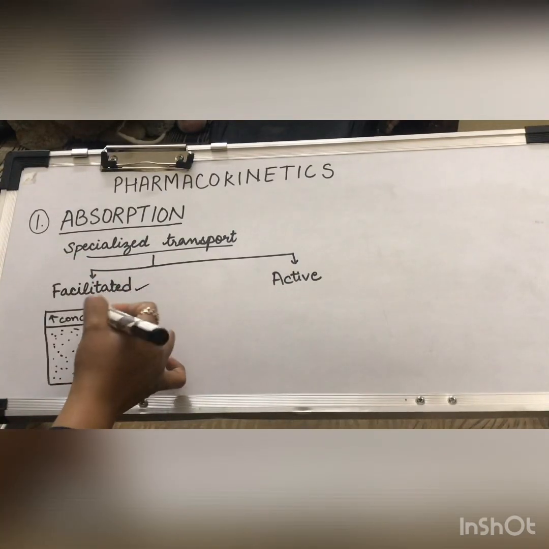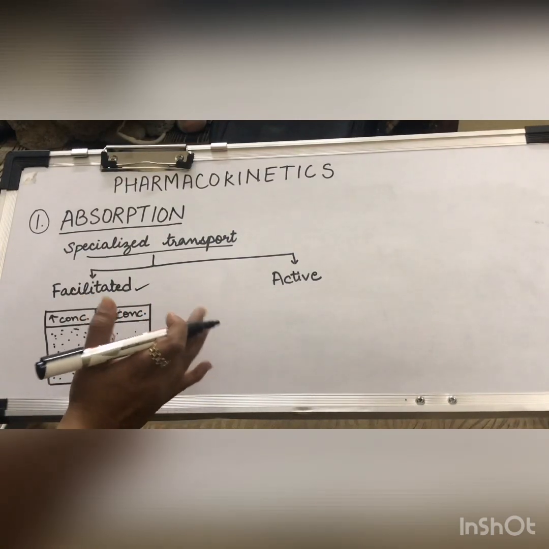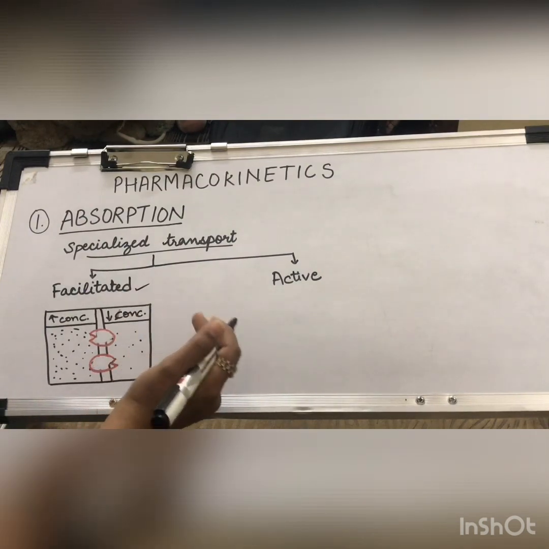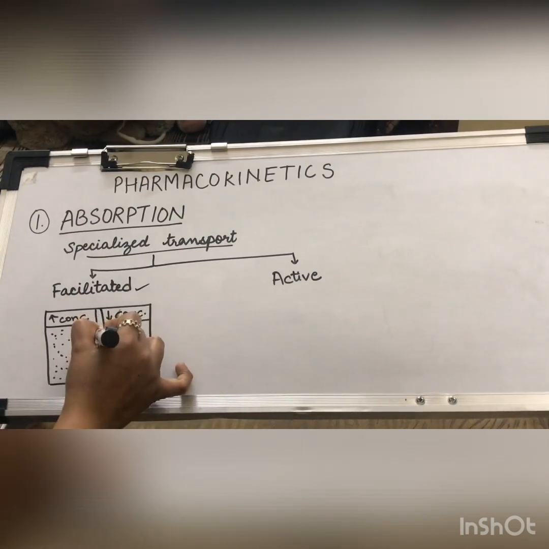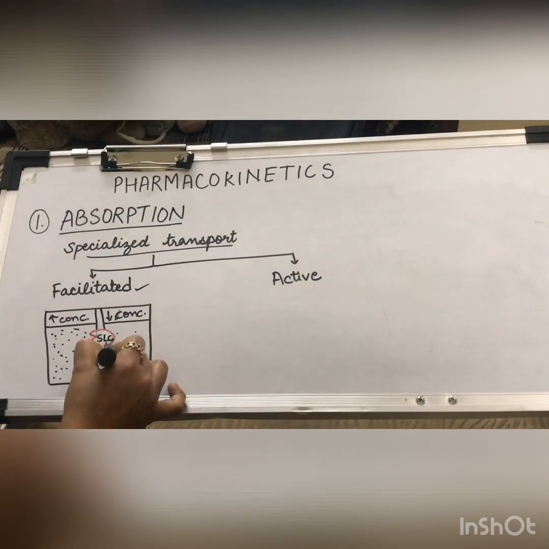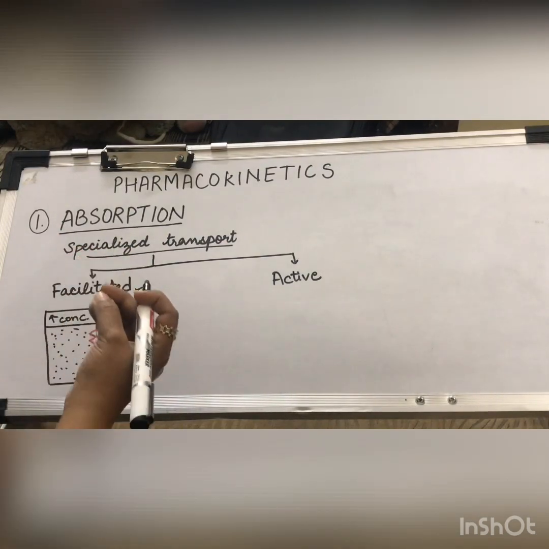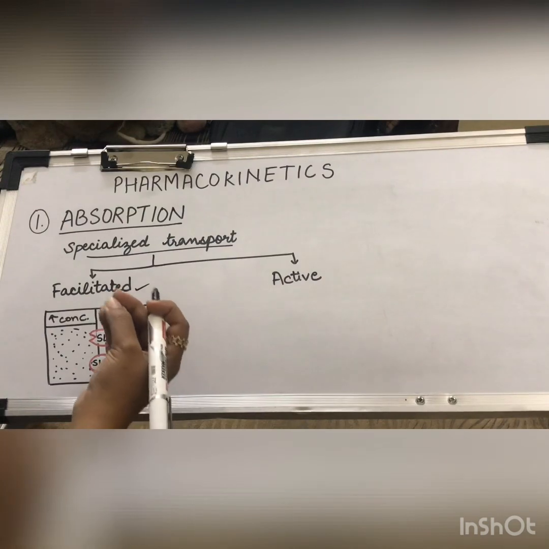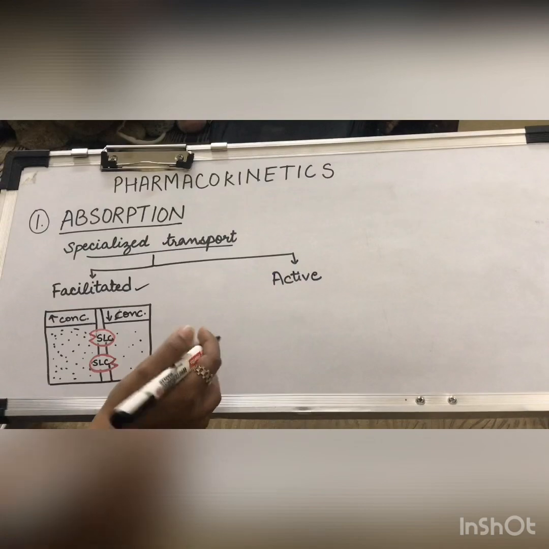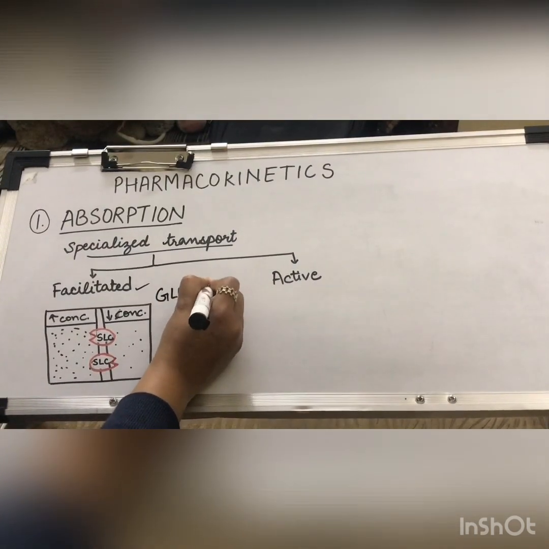The transporters which are involved in facilitated diffusion belong to the super family of solute carrier transporters. We call it as SLC. That is, these transporters are specific for a specific solute. They will carry only a specific substrate. For example, GLUT4.